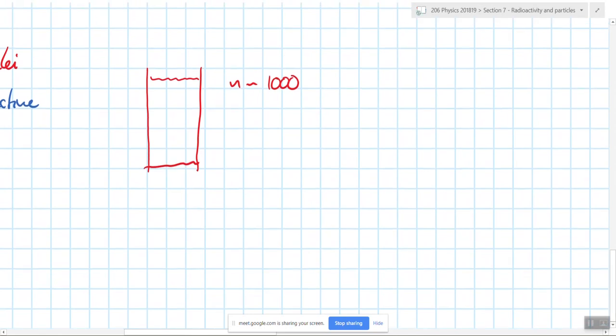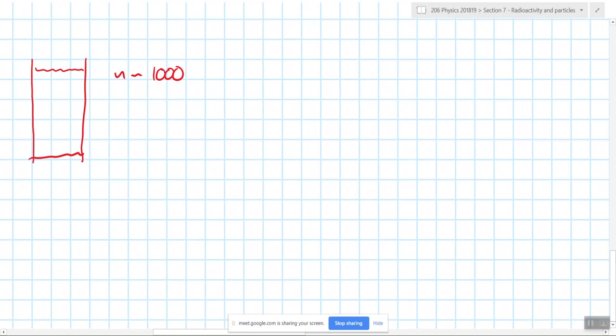These bubbles are only going to last for a certain amount of time before they burst. But right at the very beginning, we should probably get the most number of bursts. Because we've got so many bubbles, we're really likely to have a lot more bubble bursts than we would if we had a smaller number of bubbles.